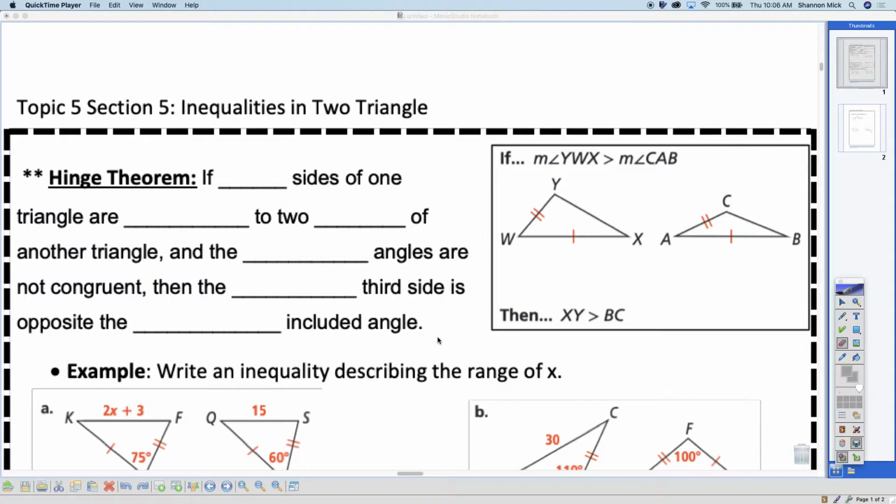So we have the hinge theorem. The hinge theorem says, if two sides of one triangle are congruent to two sides of another triangle, and the included angle, what does included angle mean?